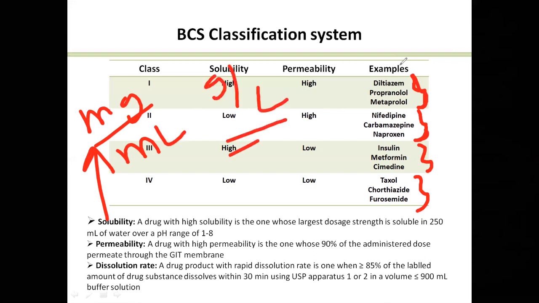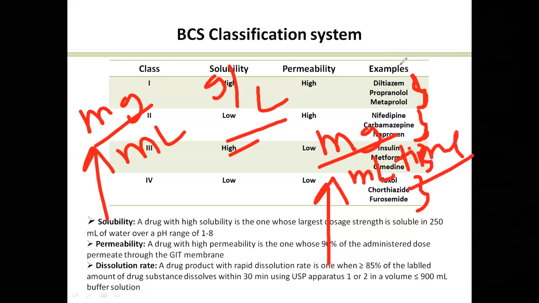But the dissolution rate is the amount of drug that is dissolved per ml per unit time. So the unit for dissolution rate would be mg per ml per unit time. The unit of time is usually taken in minutes.